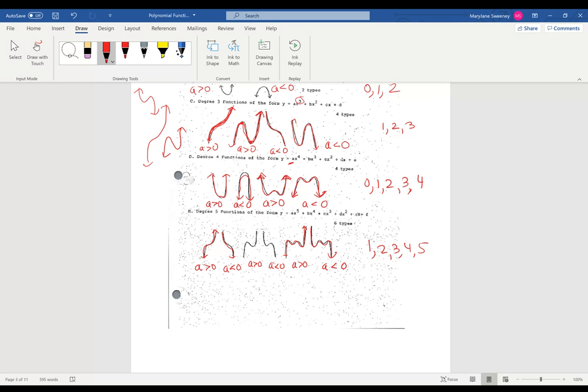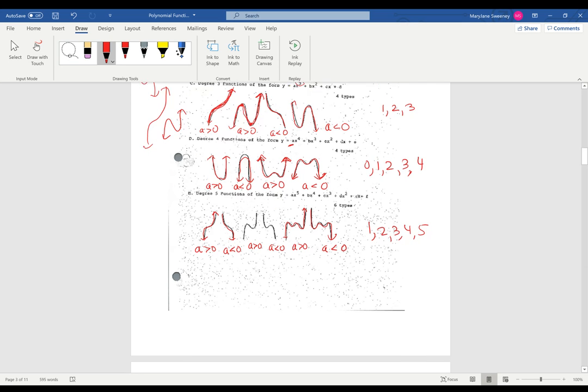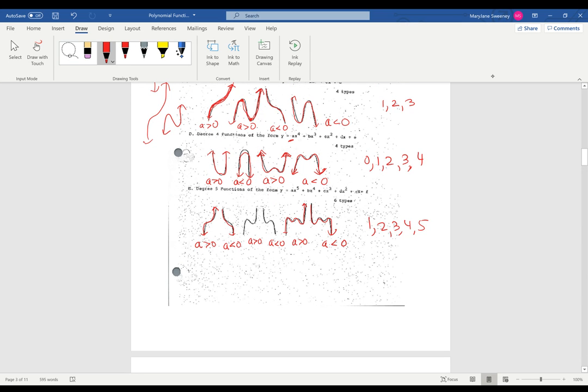So what's going to happen is any even degree polynomial, a degree 2, a degree 4, a degree 6, those are going to be, if A is positive, the ends are up. A is negative, the ends are down. In fact, let me do a little summary here.